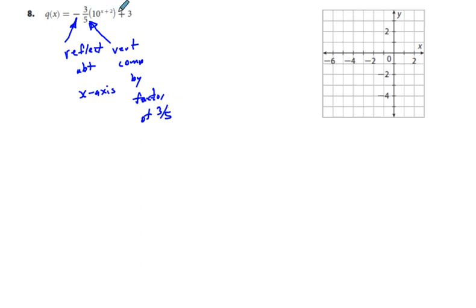We have this x plus 2. What's that going to do? Translates two units to the left. And finally, this plus 3 is going to do what? Translates 3 units up.